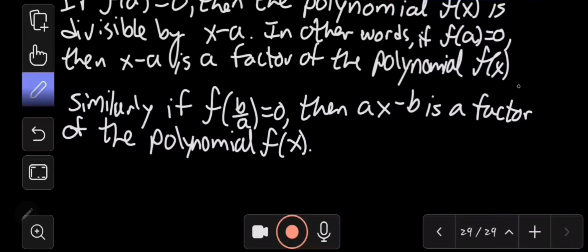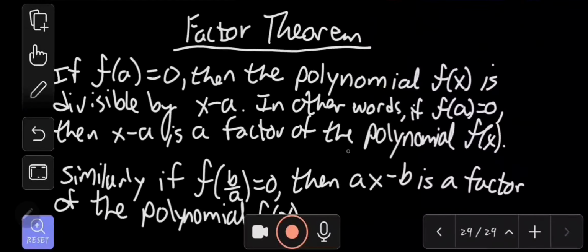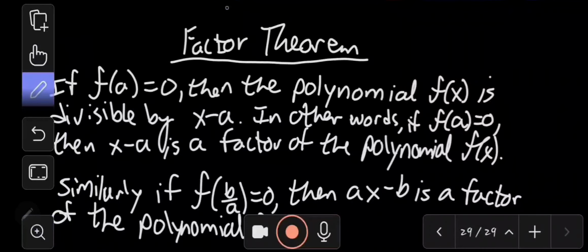Okay? So that's what the factor theorem is. This is also known as the rational roots theorem.